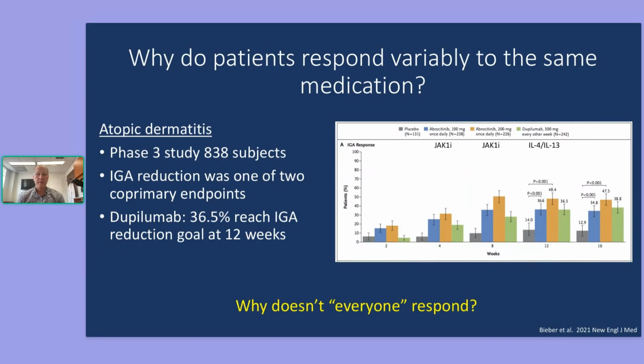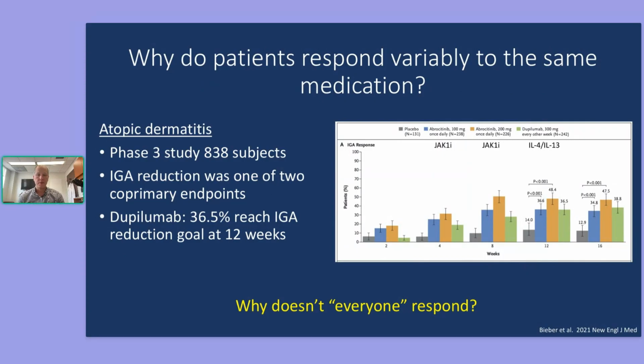So let's take atopic dermatitis as an example, and I'll refer to atopic dermatitis and eczema interchangeably throughout today's talk. If we have a medication that treats this disease, and the medication works in a certain way, why don't all patients respond equally? Why do some patients respond to the medicine and other patients don't?